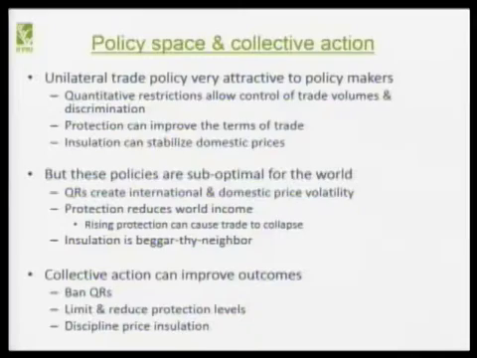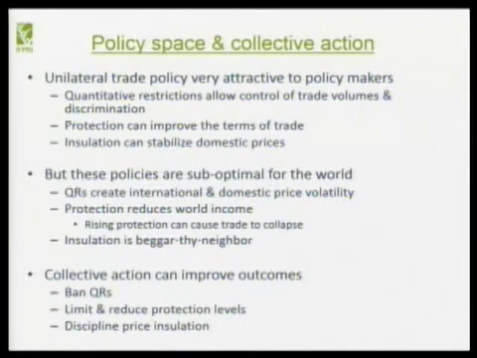Protection for large countries can improve the terms of trade. Of course, for small countries, it's likely to have very little success in doing that. But price insulation can also stabilise domestic prices without costly measures like storage. So for these reasons, trade policy is very attractive.